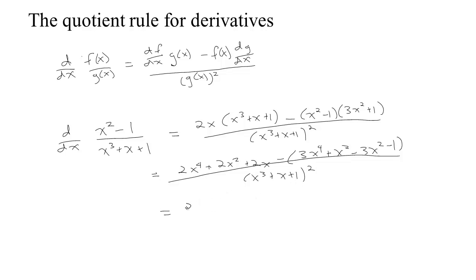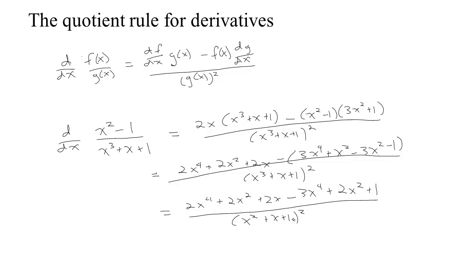So if I distribute this negative through, then I can collect my like terms. I'm going to have a negative 3x to the fourth, and x squared minus 3x squared would be negative 2x squared, but then this other negative makes it positive 2x squared, and then finally minus minus 1 is plus 1, over x cubed plus x plus 1 squared.